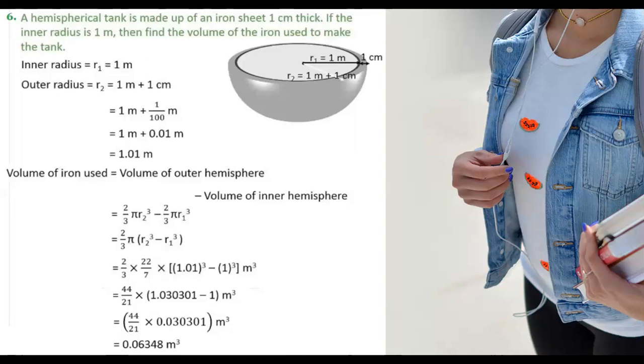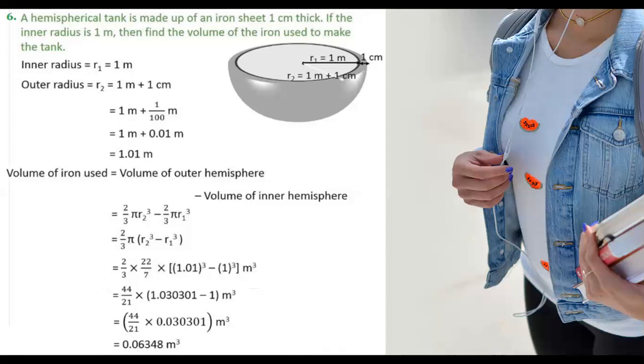Now we need to find the volume of the iron used, which is equal to the volume of the outer hemisphere minus volume of the inner hemisphere. Here inner radius R1 is 1 meter and outer radius R2 is 1 meter plus 1 centimeter. So it will become 1 meter plus 1 by 100 meters, which is 1.01 meters.